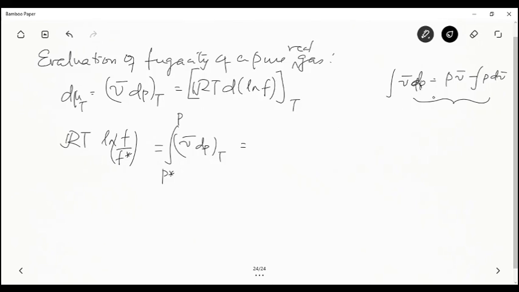Then applying the limits from the ideal gas limit to the current one, you will get Pv at the current state minus P star v star at the ideal gas limit. Okay, so this is the first term, minus the integral again from the ideal gas limit v star to v of P dv.